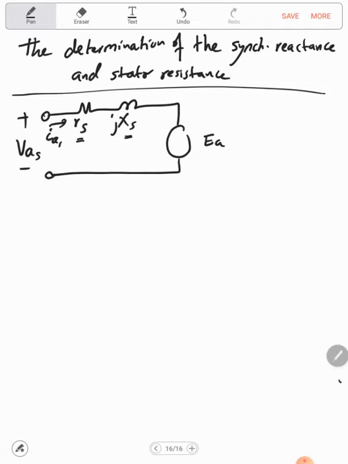So in order to determine the synchronous reactance, the first test that we'll use is the open circuit test.